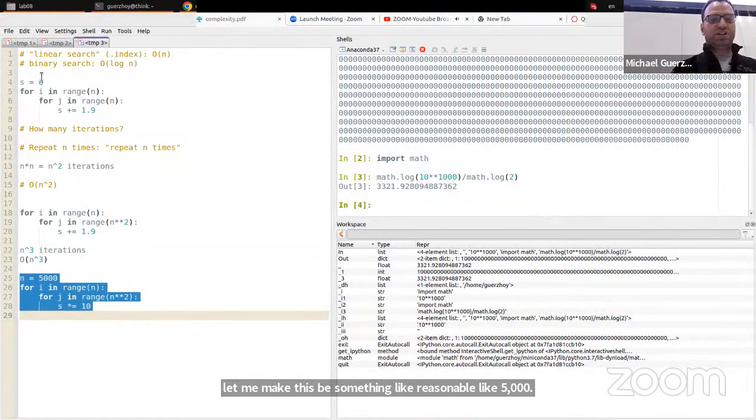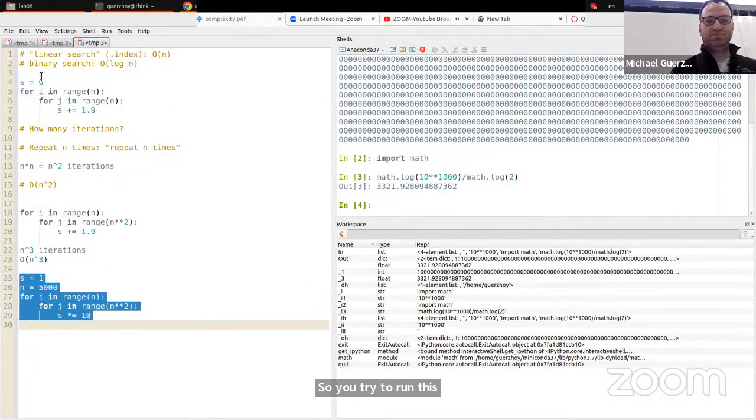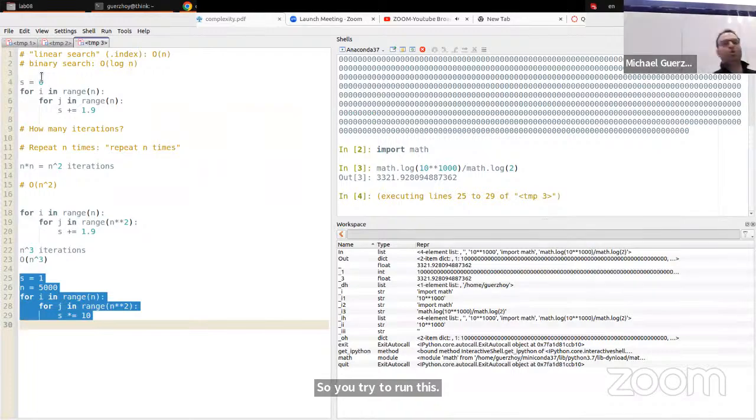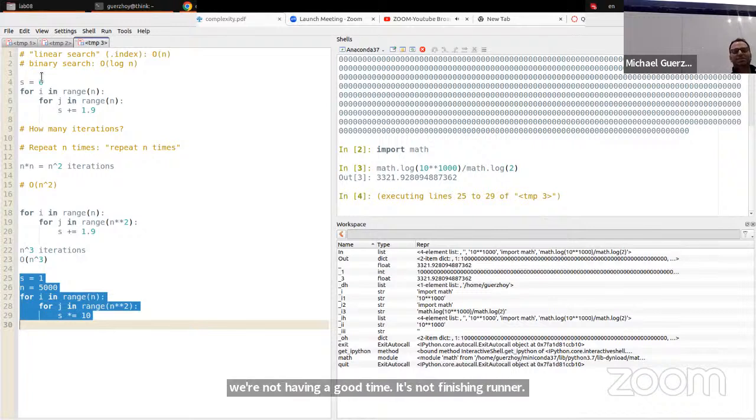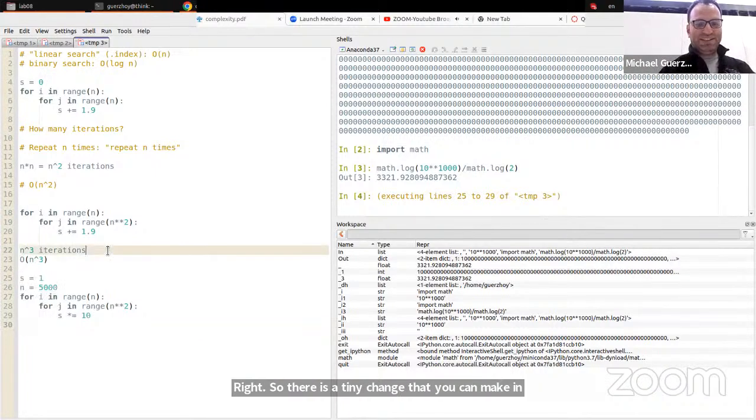So you try to run this, and we're not having a good time. It's not finishing running. There is a tiny change that you can make in order to make it run in a reasonable amount of time.